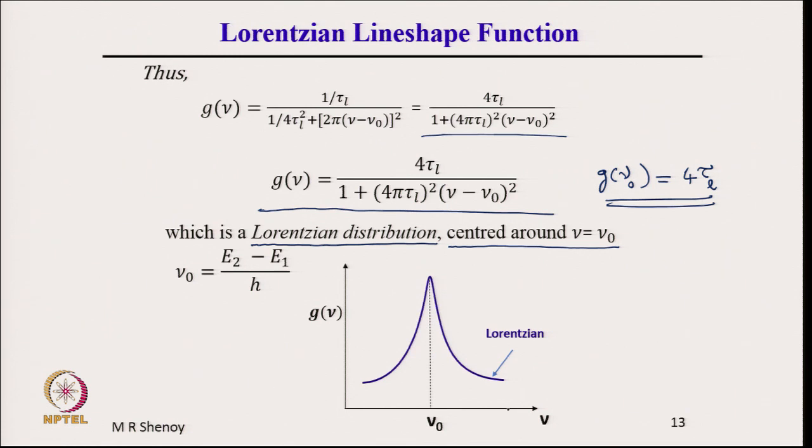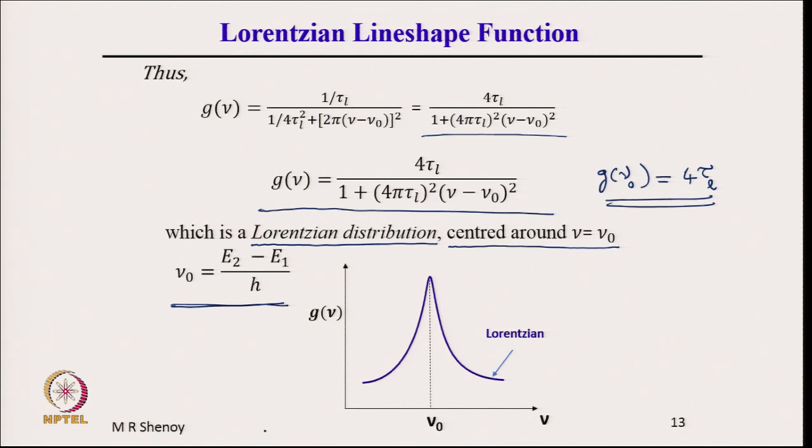It is a symmetric function centered at the atomic resonance nu 0 equal to E2 minus E1 by h. And such a line shape function is called a Lorentzian line shape function.